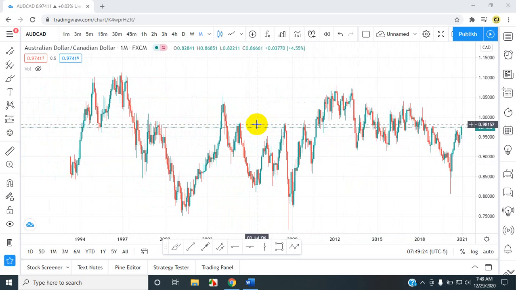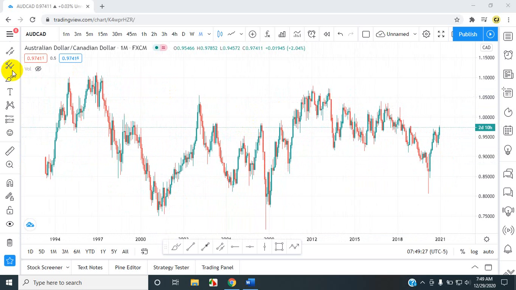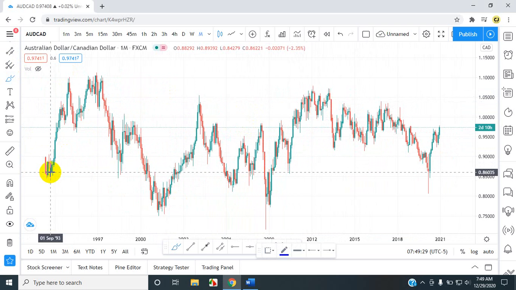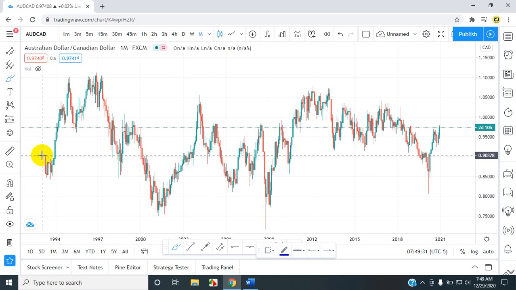Stretch this out for you guys so we all can see what's going on. Grab my blue paintbrush so we can see that the market started off in the middle here.